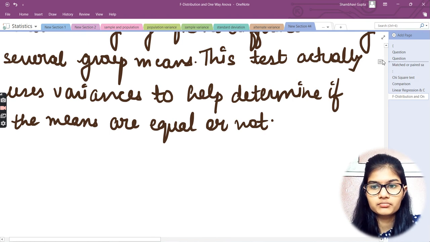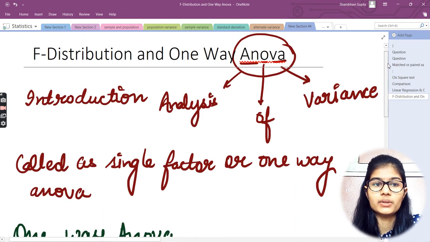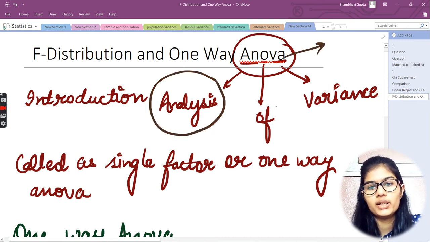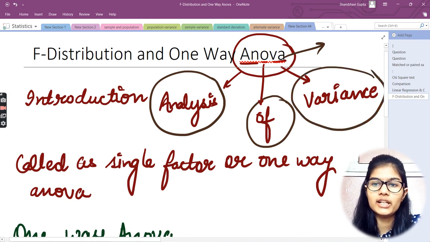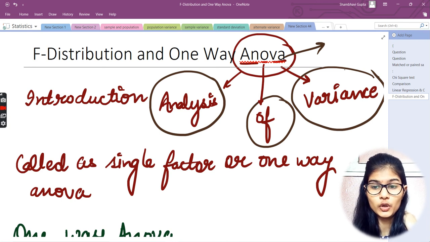Now, as I mentioned in the starting as well, for this particular term ANOVA, the full form is analysis of variance. So from there only I could understand that this test uses the variances to help determine whether the means are equal or not.